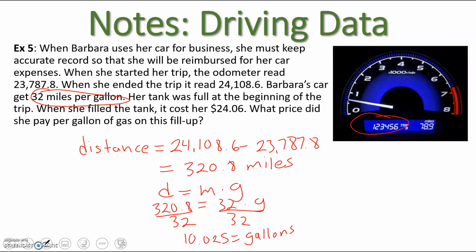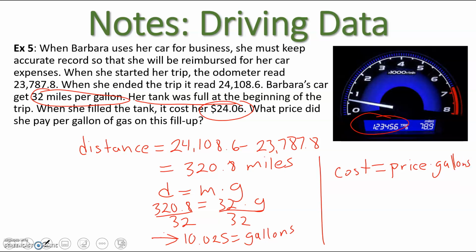Now, when she began the trip, her tank was full. When she filled the tank back up, it cost her $24.06. So in order for her to fill her tank back up, she must put in the amount she took out, right? This 10.025. So we know then that the cost was equal to the price times the number of gallons.